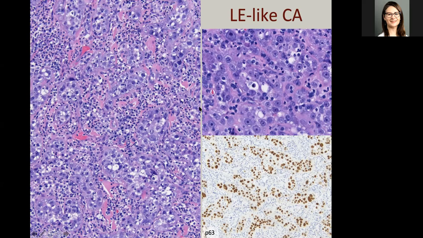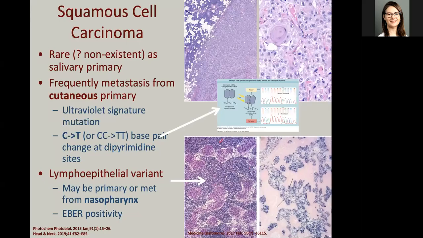We always want to, in squamous cell carcinomas, exclude metastasis from nasopharynx or oropharynx, right? Or in the case of a keratinizing squamous cell carcinoma of the parotid gland, we want to exclude metastasis from a cutaneous primary. And in fact, these are metastases mostly from the skin.